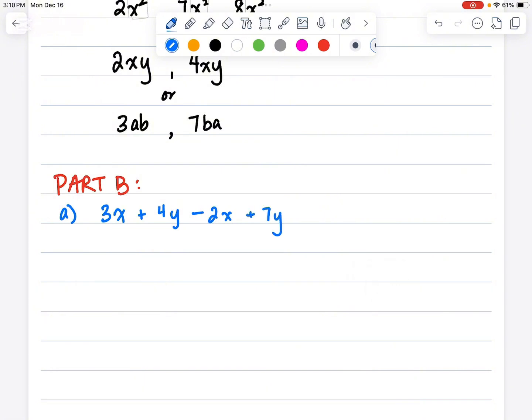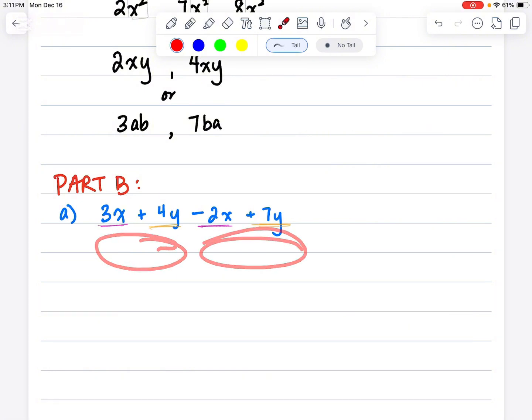And the thing I need you to see is, we actually have a few different types of like terms here. I have the x's, but I also have the y's. So what I'd like to do first is group them so all of the x's are on one side of my expression, and all the y's are on the other.